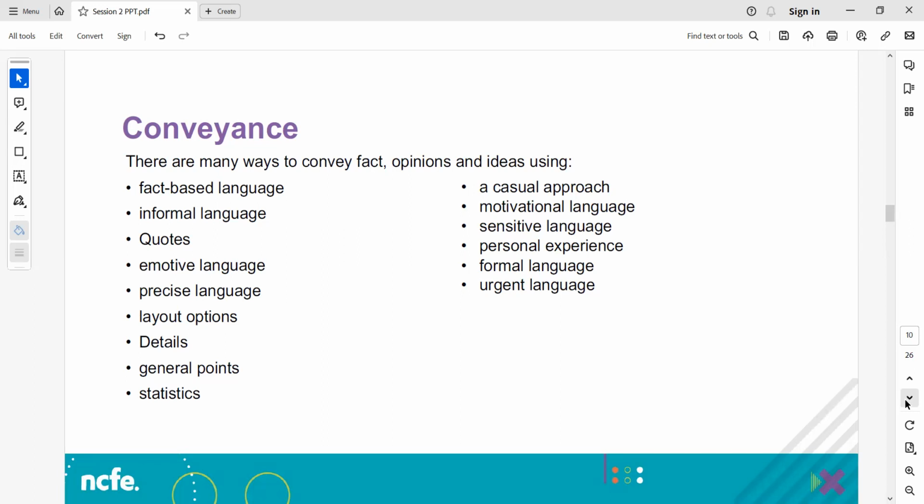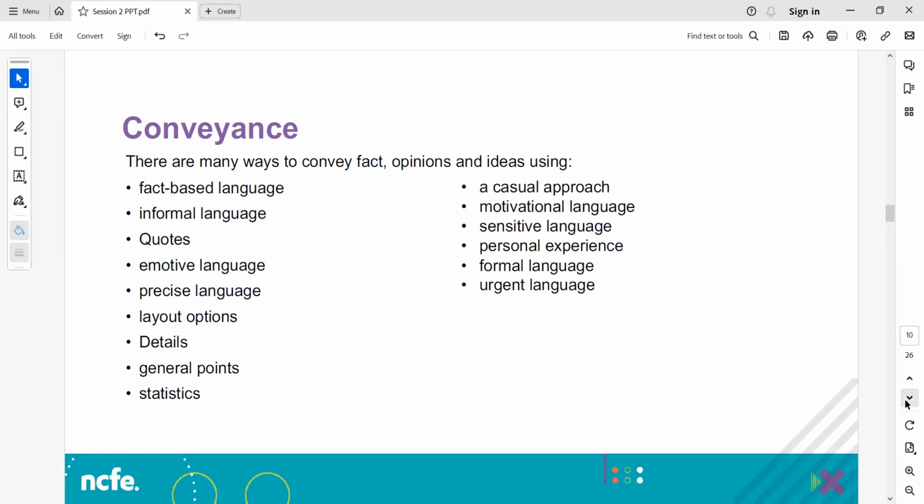What's been done? Absolutely nothing. Precise language, so making clear what the writer is trying to say, not using vagueness. The layout: has it got headings, subheadings and so on. The details: who, what, when, where, why did something happen, what's been included.